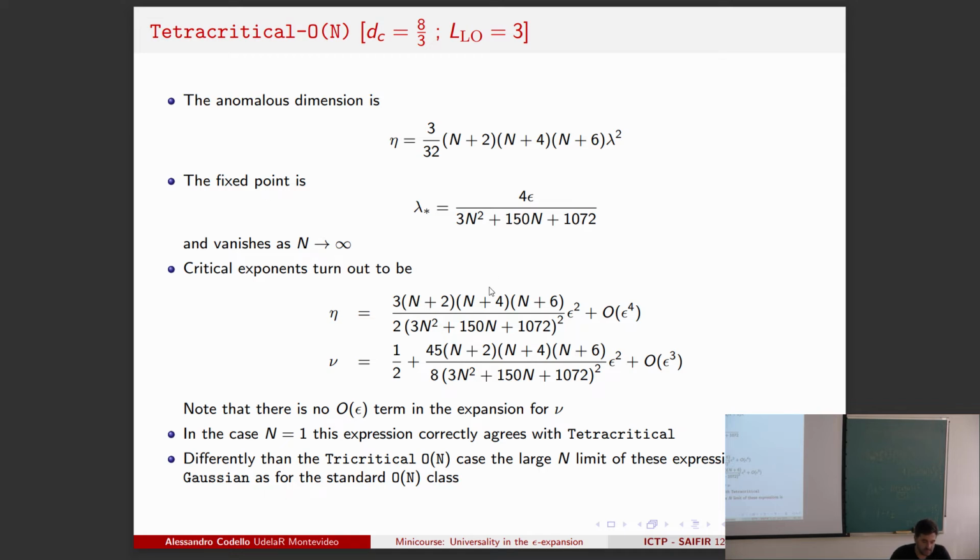But what happens to the critical exponents? Well, the critical exponents behave like the standard case, because now there is 1 power more in the denominator. So the tetracritical has a trivial large n limit. And so it seems the question is then only the tricritical that has this peculiarity.